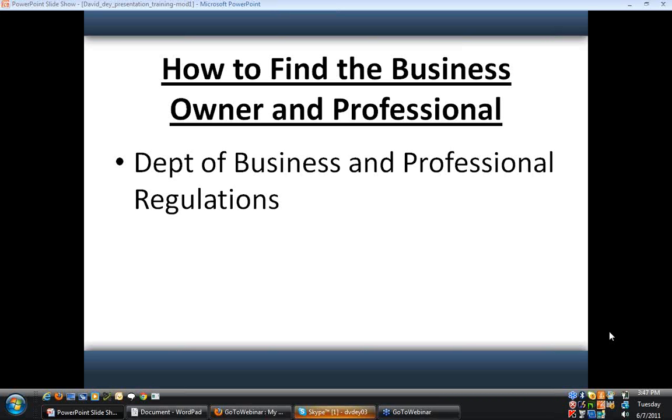Now, every state has one, and it's usually going to be in the state site or in the business section. The Department of Business and Professional Regulation is its own section. What they do is they moderate licenses, the type of licenses they have.